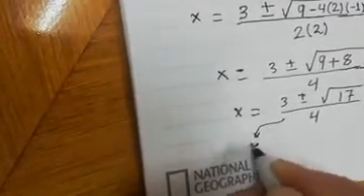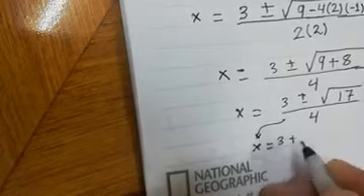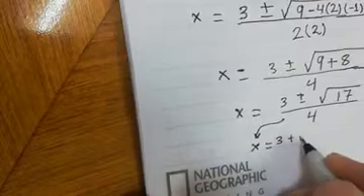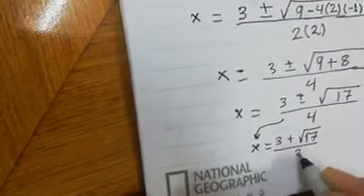So the first solution will be x equals 3 plus the square root of 17, divided by 2.